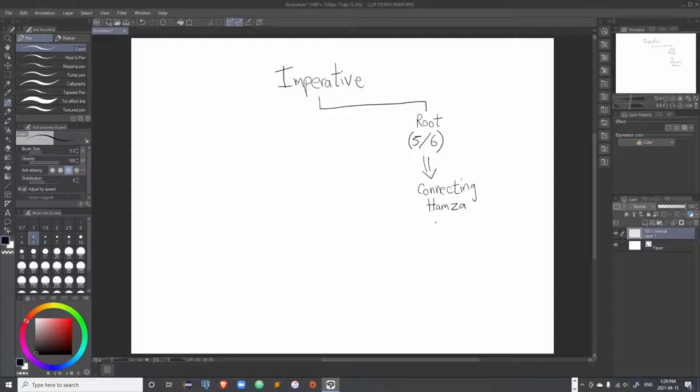And we will cover examples in a bit when we take the different verbs. But if you have a root that is 5 or 6 letters long, you can be safe to assume that it will start with a connecting hamza.